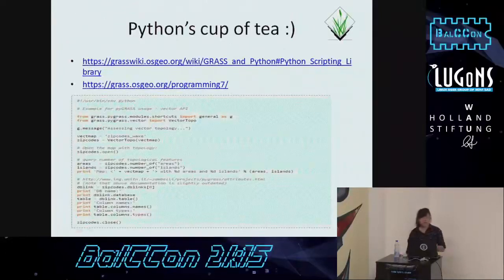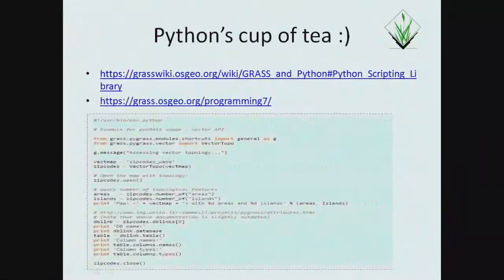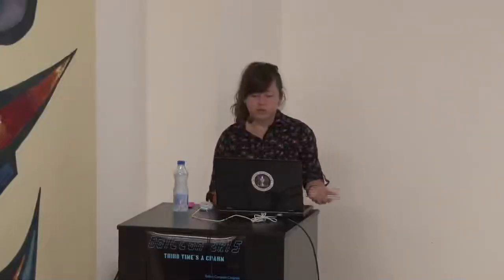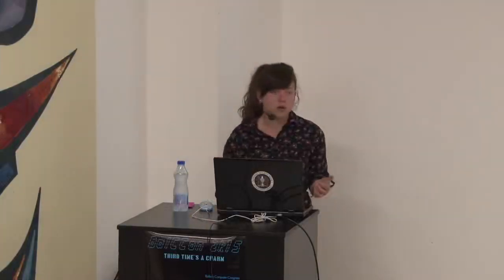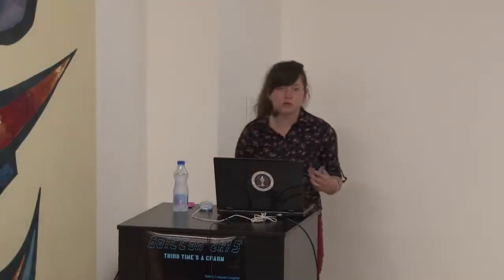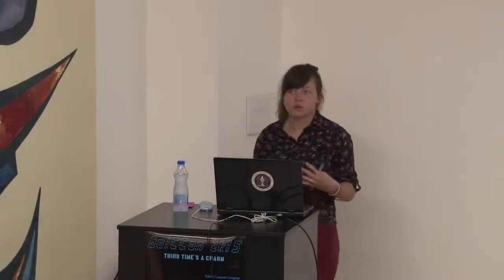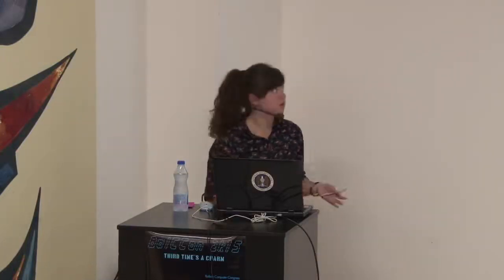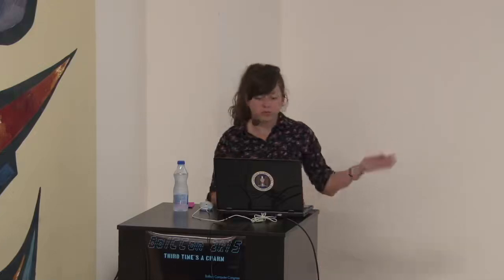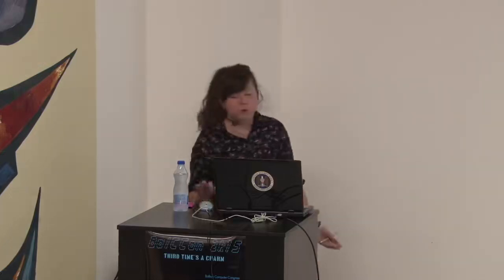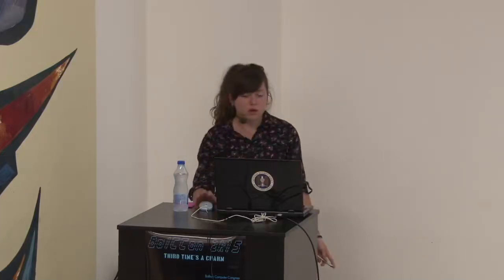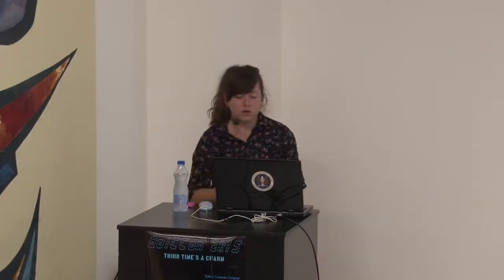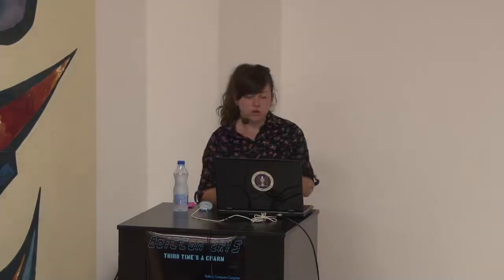It's true that GrassGIS has over 400 different functions we can use, but what if there isn't the function that we just need in that moment? The best way is to write a simple script. These scripts we can find in the PyGrass library.